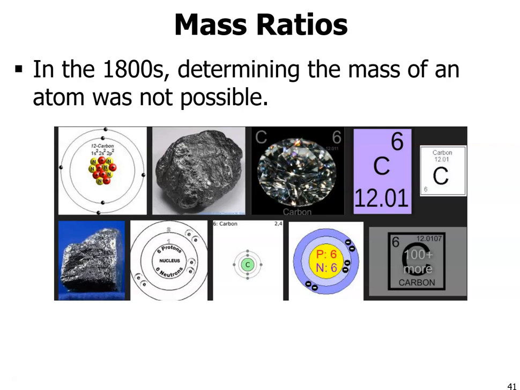And carbon ended up being 12 times the size of hydrogen, and that's why we were able to use this as a reference point. So it allows all of the elements on the periodic table to be whole numbers, and it's really based off of those differences in the number of protons and neutrons within that element.